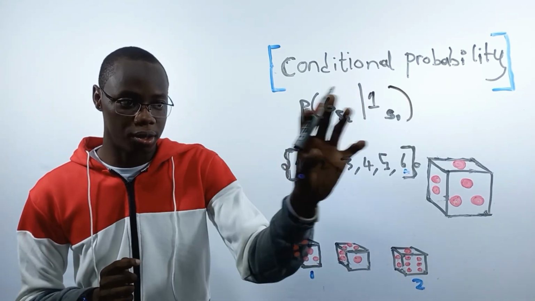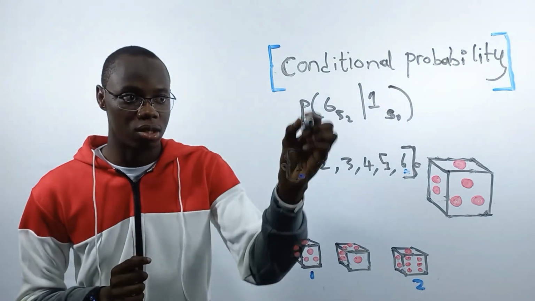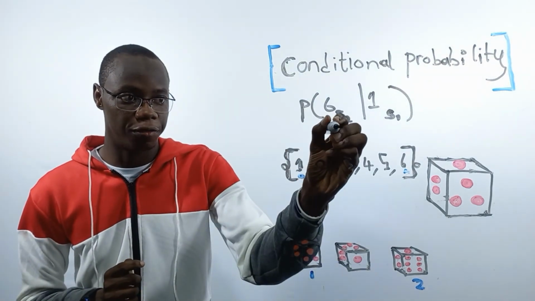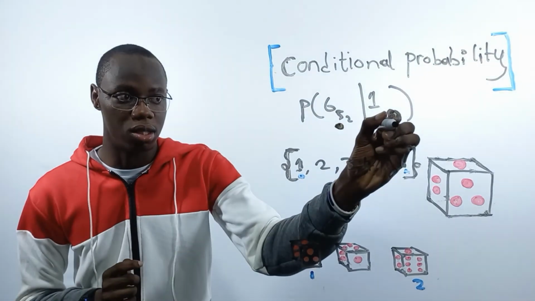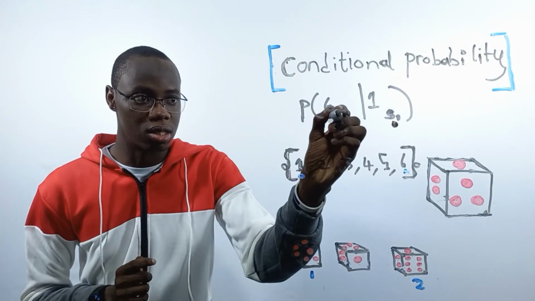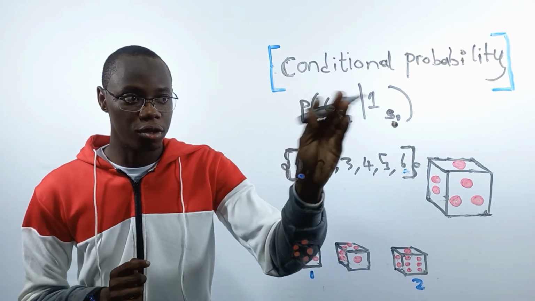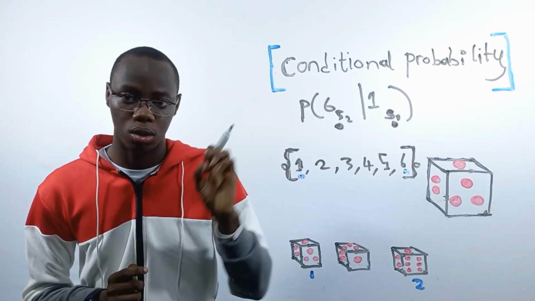So this is how you write it. You can write it anyhow you want, as long as you put this is what we want, given that we have gotten this before. So this is the second toss, given that the first toss was a 1 that showed up.